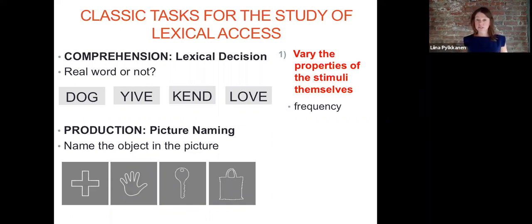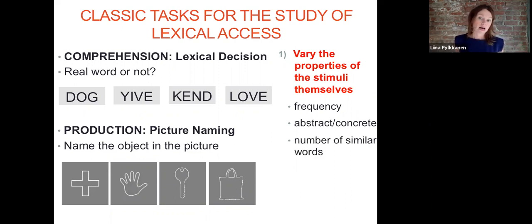So for example, some of the words could be really common or frequent in the language, and others would be much rarer. That's something that affects processing really robustly. Some words might be abstract, so describe abstract concepts, like say love in this example, and others more concrete, like dog is a more concrete object that you can touch. Or we could manipulate the number of similar words that the word has in the language.